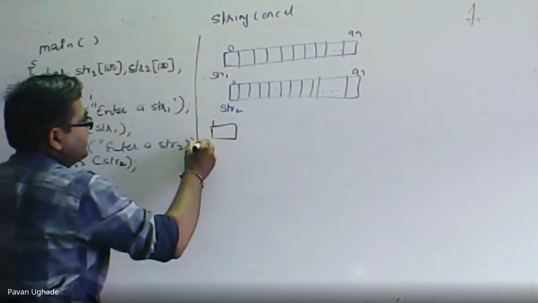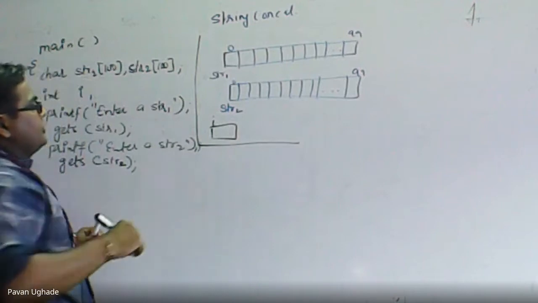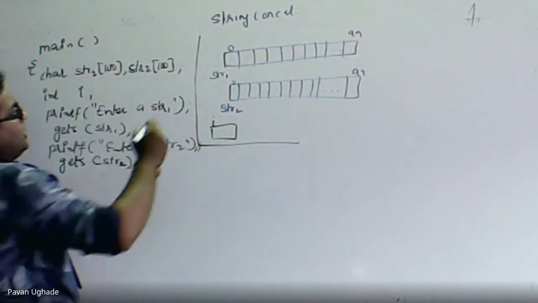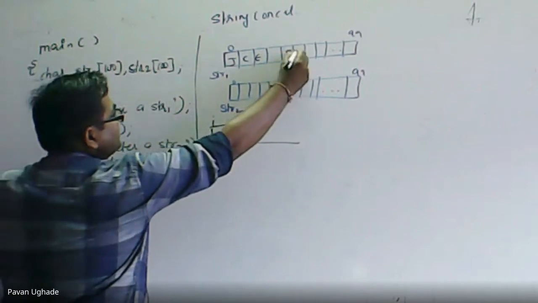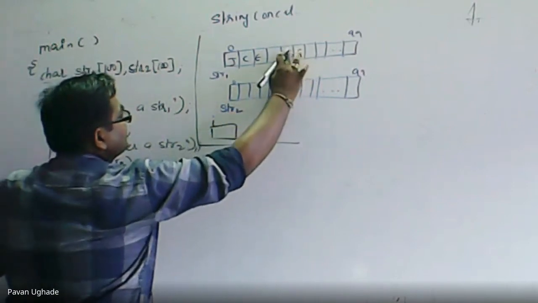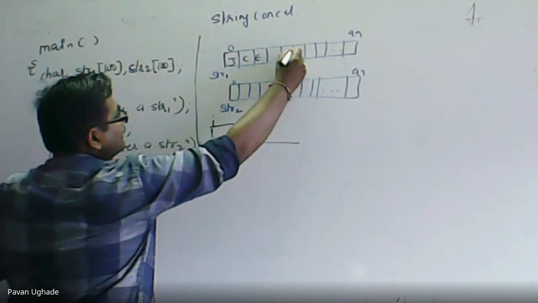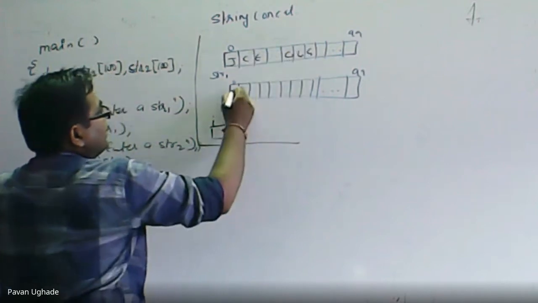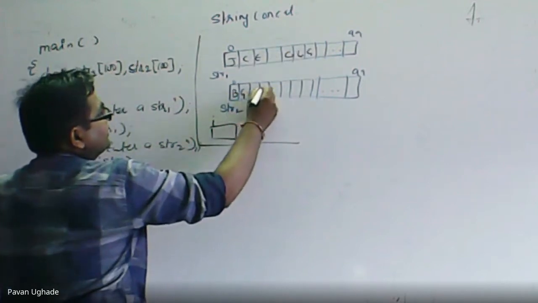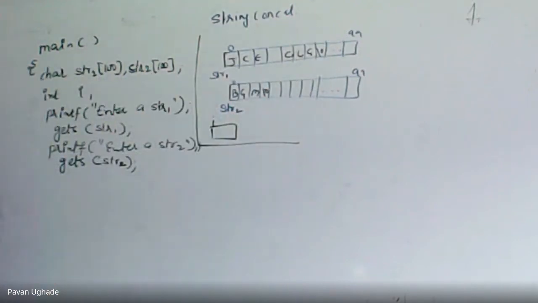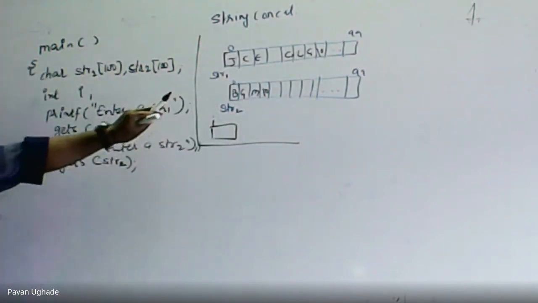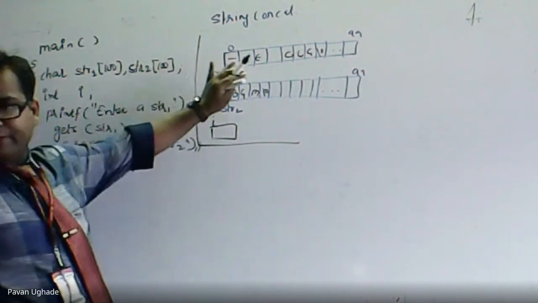Let's assume this is the memory representation. Now I'll put here jce clg, and here I'll put bgm. This is backslash zero and this is backslash zero. Clear? By this time we have read this much, and this is the memory representation we have.